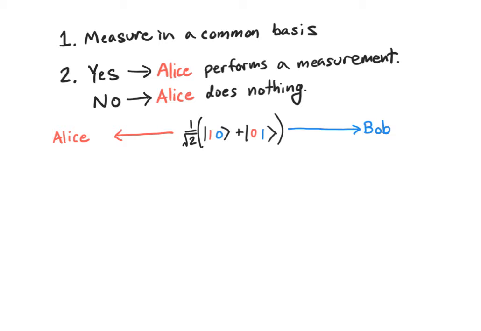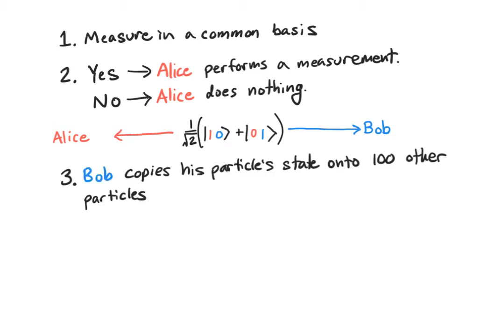But Alice and Bob are not new at this, and they came up with a third step to this procedure to get around this problem. The problem is that Bob has no way of knowing whether he got a random result or whether he got a determined result because Alice already made her measurement. To get around that, before Bob measures the state of his part of the entangled pair, he duplicates the state. He copies the state of his particle onto 100 other particles.